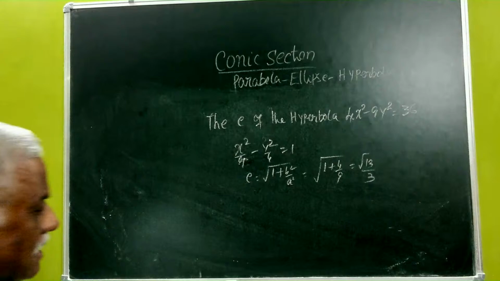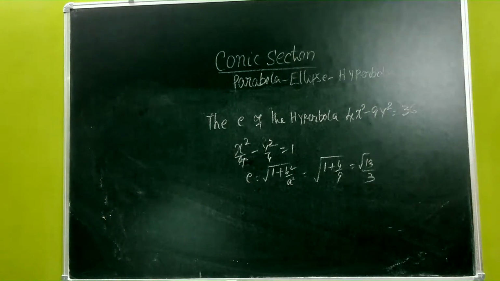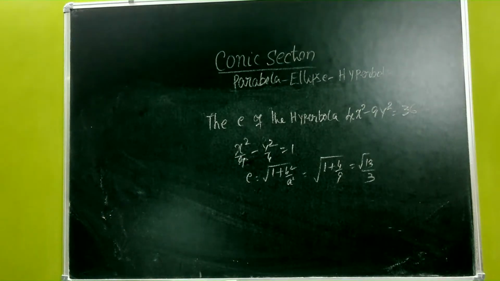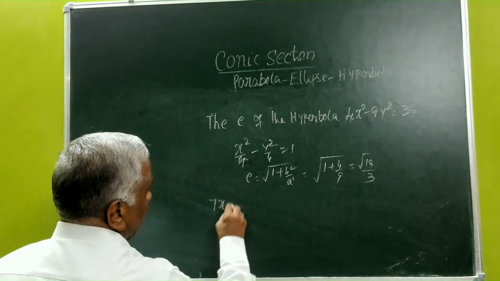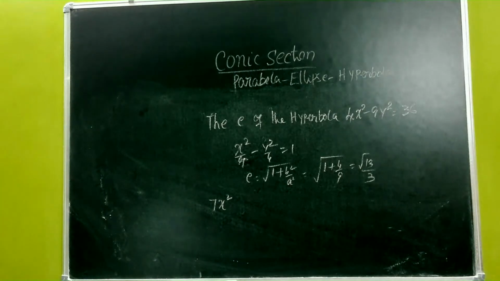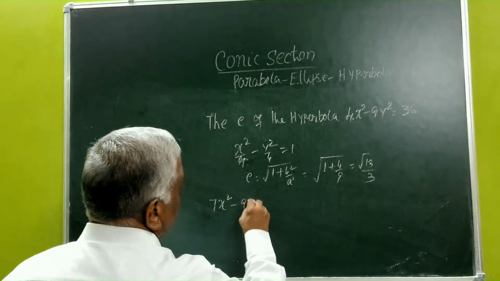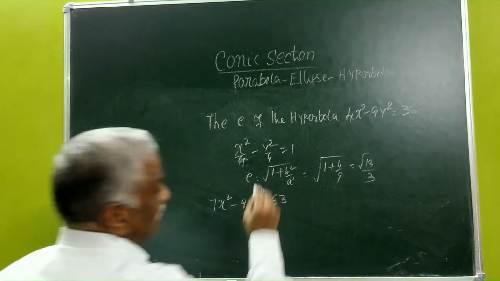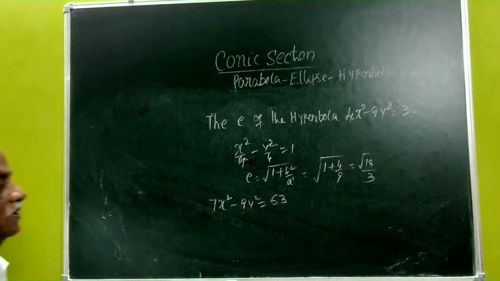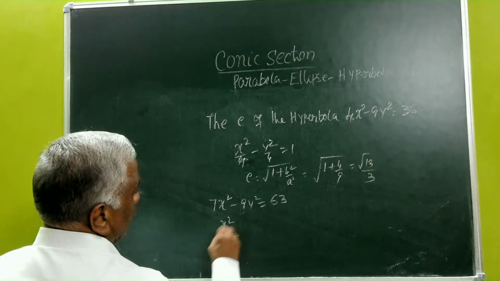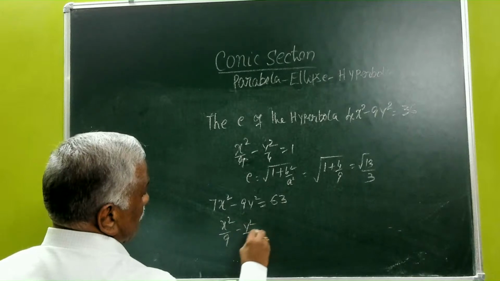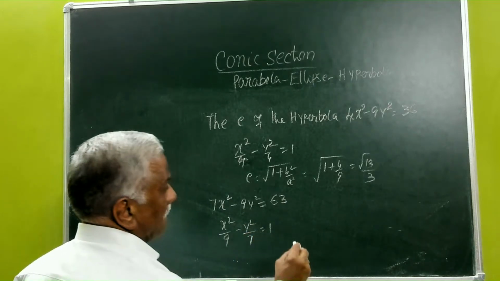One more problem in the examination. The distance between foci of the hyperbola 7x square minus 9y square is equal to 63. They want the distance between foci. So divide by 63: x square by 9 minus y square by 7 equals 1.